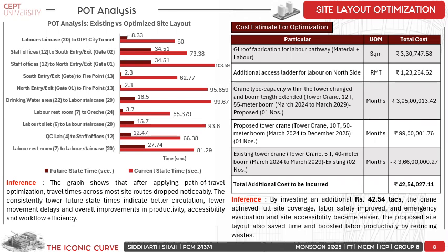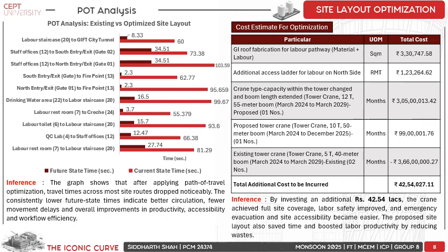So after applying path of travel optimization, travel time across most site routes dropped noticeably. The consistently lower future state time indicates better circulation, fewer movement delays, and overall improvement in productivity, accessibility, and workflow efficiency.